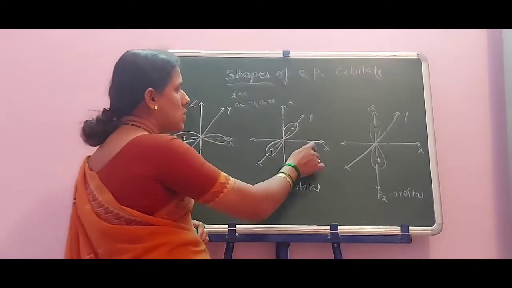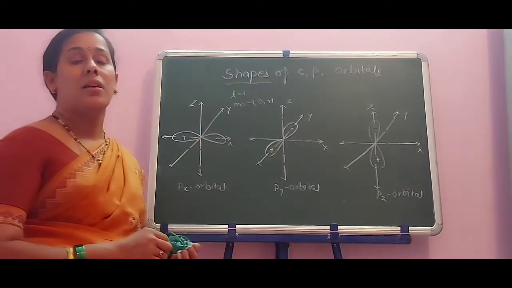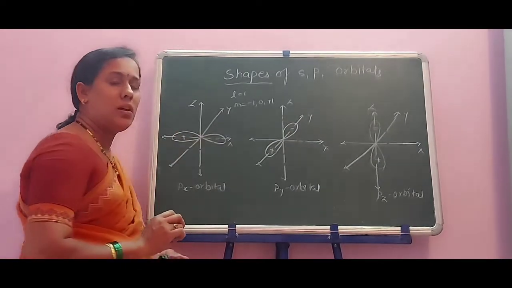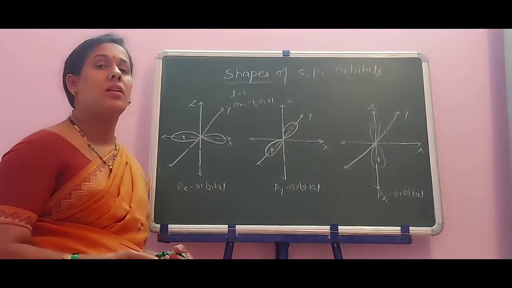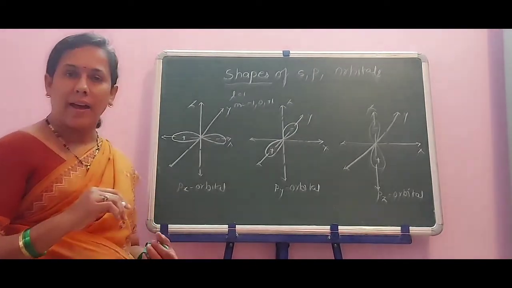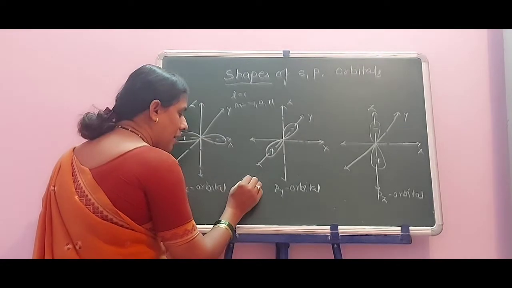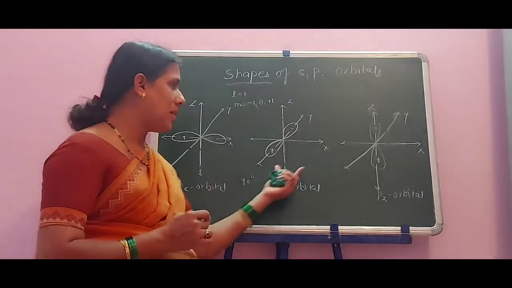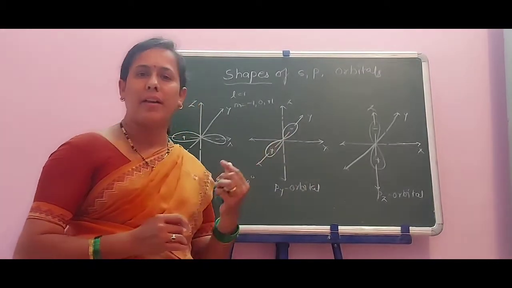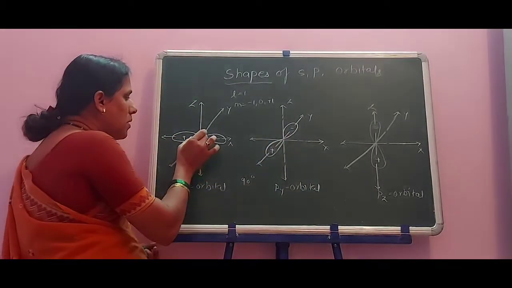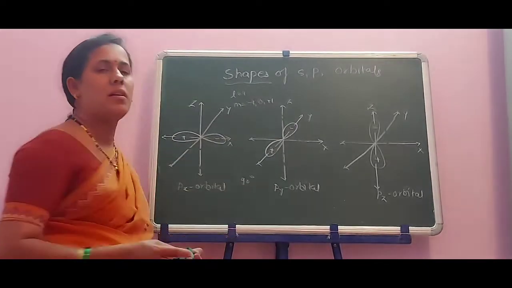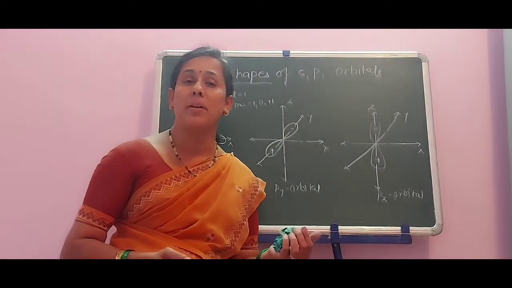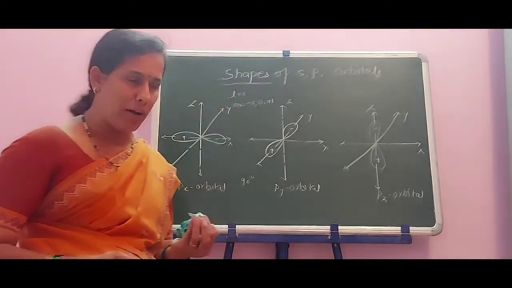These p orbitals have two lobes surrounding the nucleus, and the three orbitals are oriented at 90 degrees to each other. The probability of finding the electron in the px, py and pz orbitals is the same because they are degenerate.